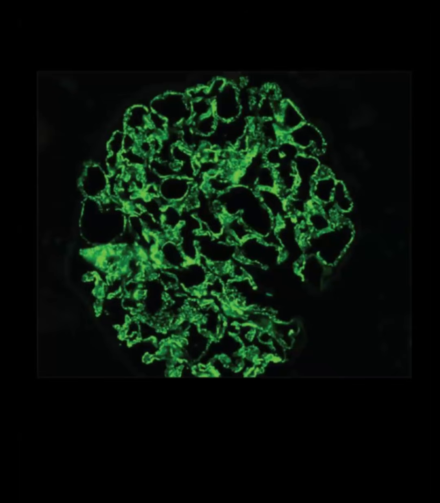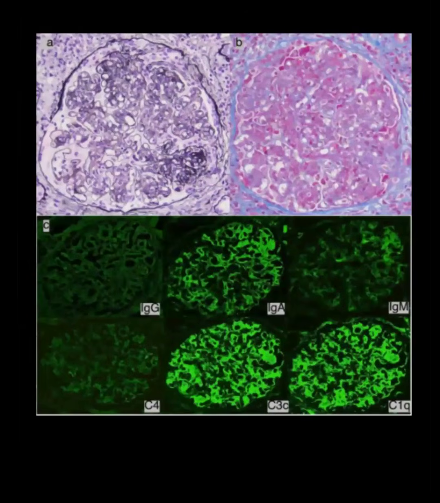Fine granular deposits of IgG4 are seen in membranous nephropathy, but there are coarse granular deposits of IgG4 in fibrillary GN. Fibrillary GN is associated with hepatitis C as well as HIV.